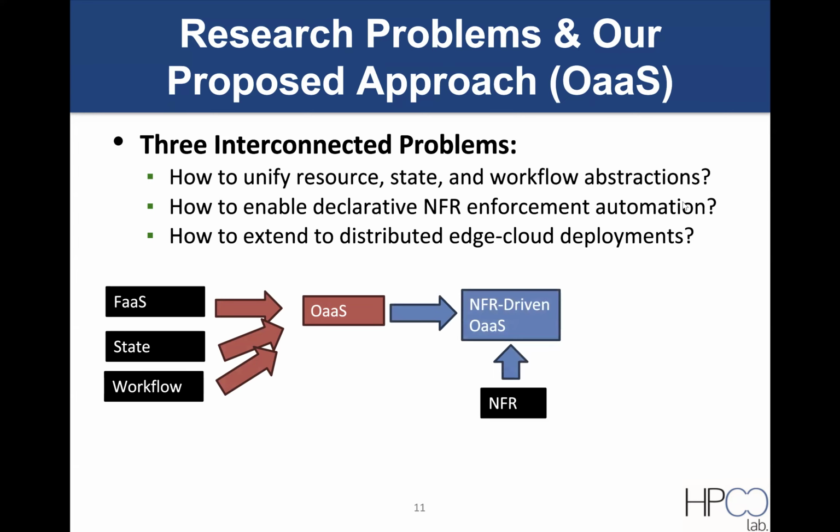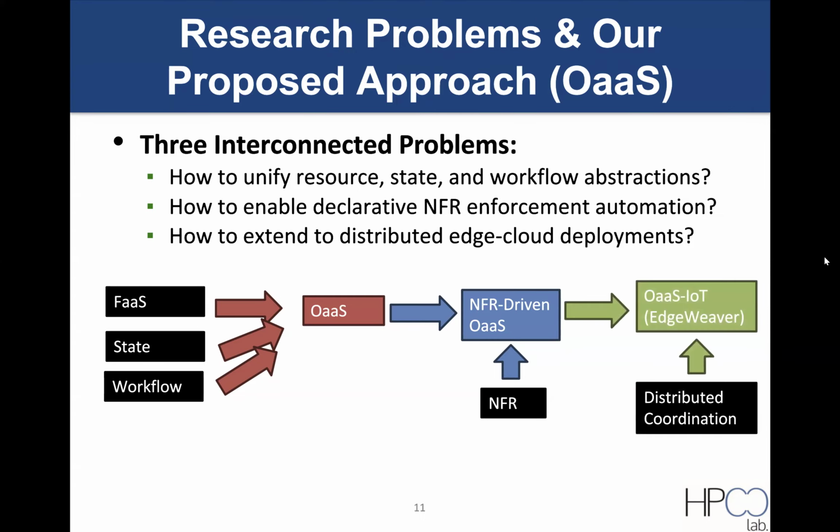Then, how to build in the non-functional requirements, something like an SLO objective, so that we have a single unified platform where you just mention the list of services that you want and it gives them to you. And lastly, how to coordinate between edge and cloud together.